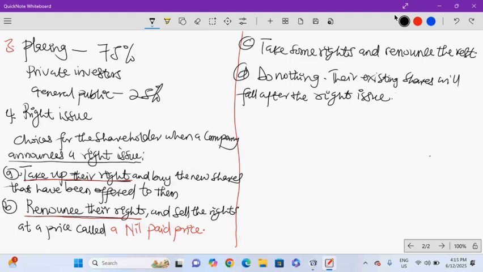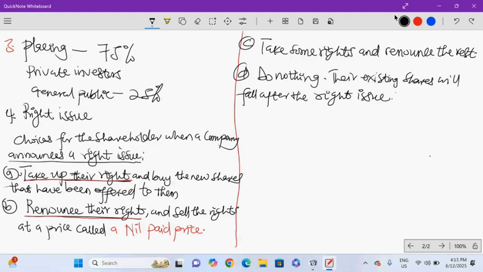And if it falls, it means they are going to make a loss. So you see that doing nothing is also a strategy. Sometimes when you are faced with certain circumstances, it is prudent to do nothing, right? It's not everything that you react to.